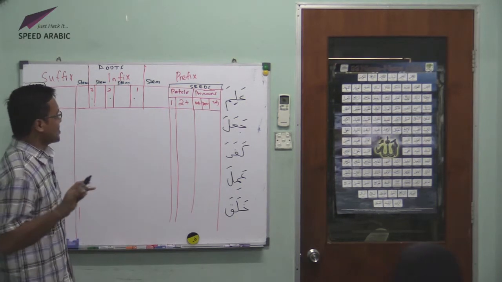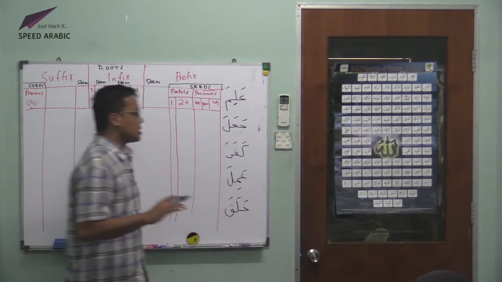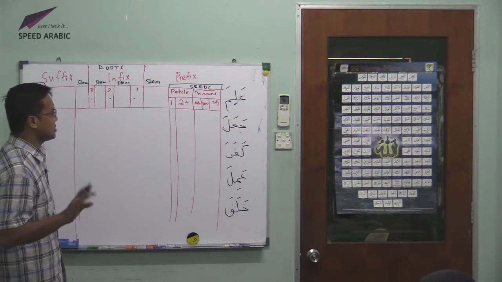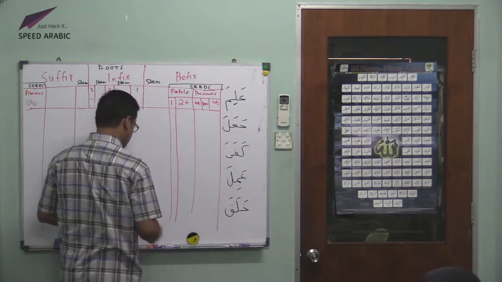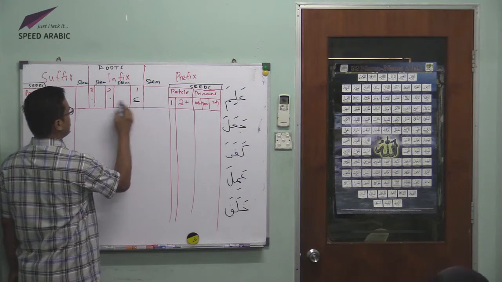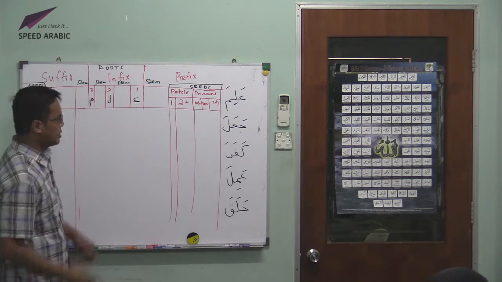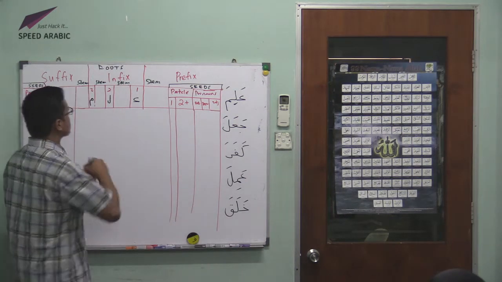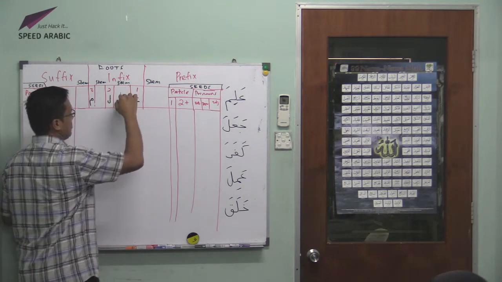Okay. So now we go to the noun stems. We will start with the most basic noun stem. What are the roots here? Can you read for me? Ain, lam, mim. We will start with the first noun stem. The first noun stem is the alif here.